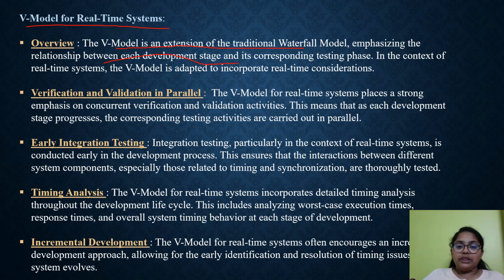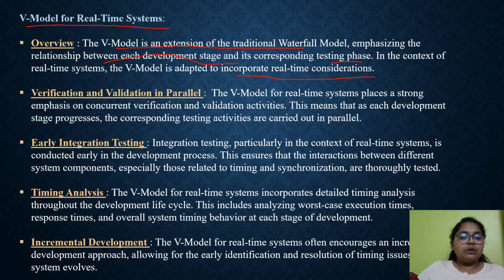The relationship between them is also developed in the V model, and its corresponding testing phase. In the context of real-time system, the V model is adapted to incorporate real-time considerations.